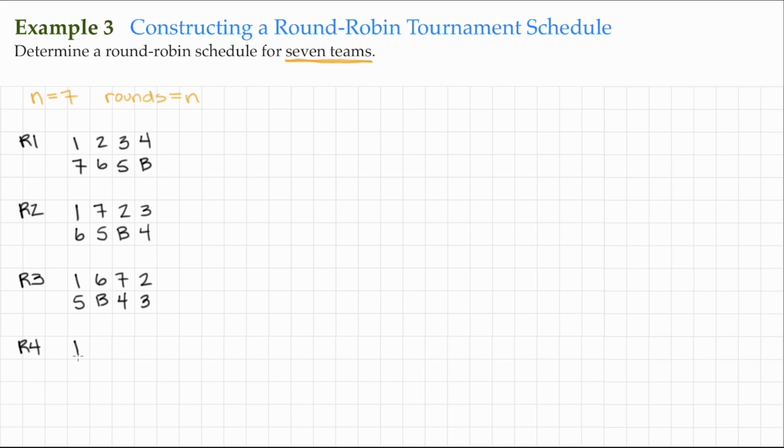Round 4, here's our anchor team. 5, 6, 7, get halfway there, come back around. 2, 3, 4, and there's our bye. Round 5, anchor team. There's our bye. 5, 6, team 7. Team 2, 3, 4.